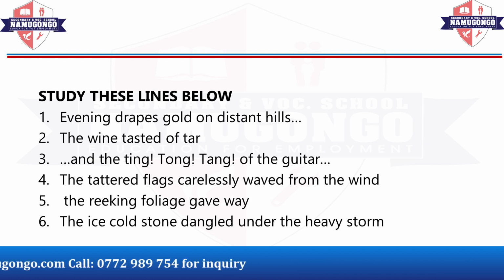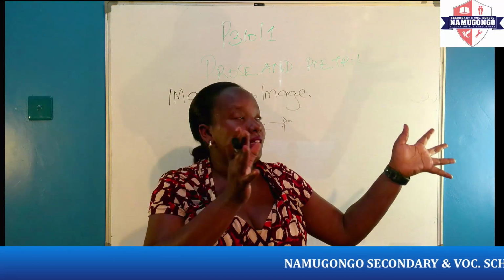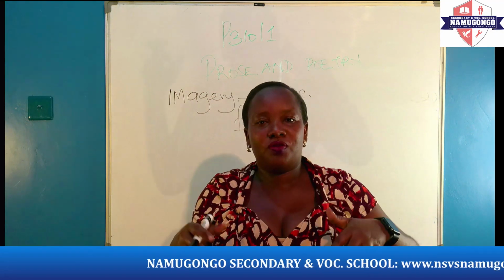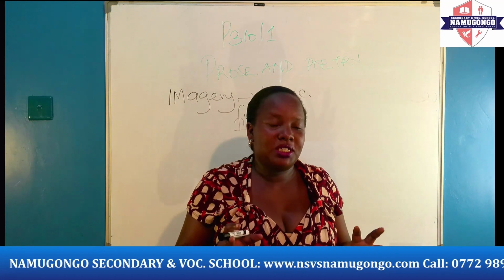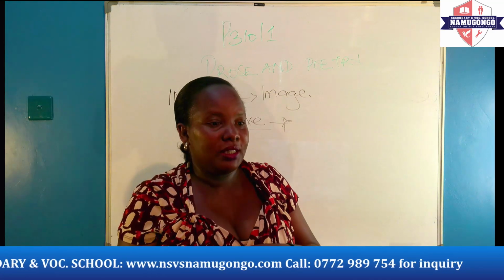Number 4, look at line number 4. The tattered flags waved carelessly, waved from the wind, or from the effect of the wind. You can already see that the flags are waving from east and west because of the effect of the wind. Now that is a particular kind of image that we shall go on to discuss in the next few minutes.